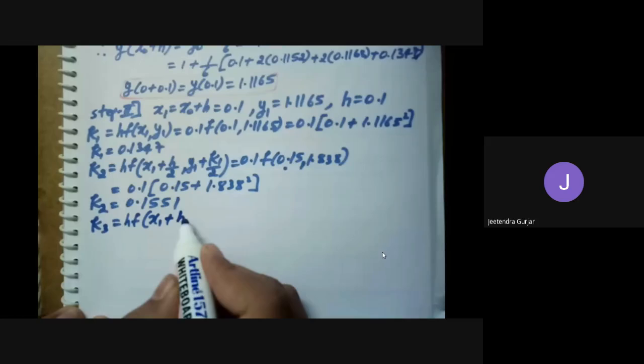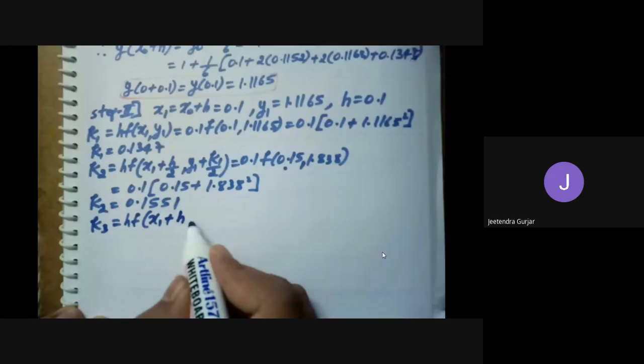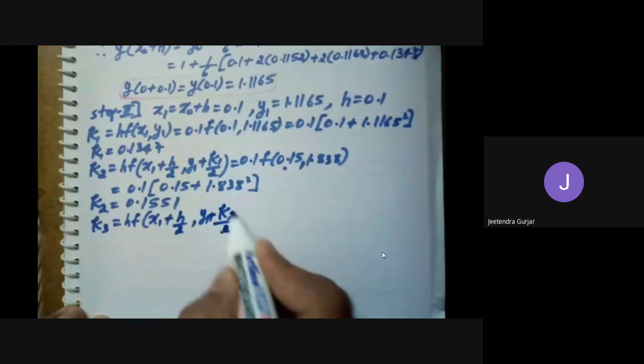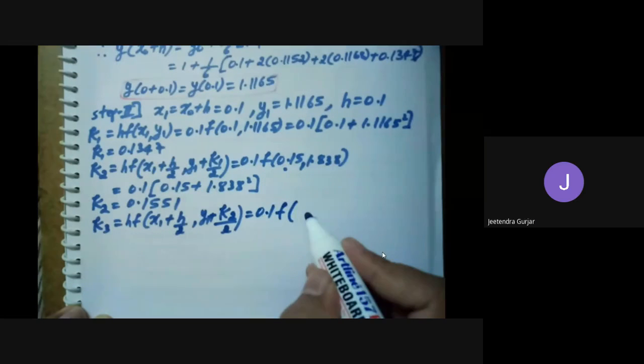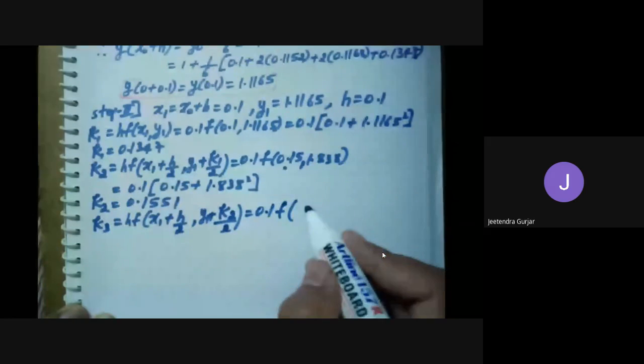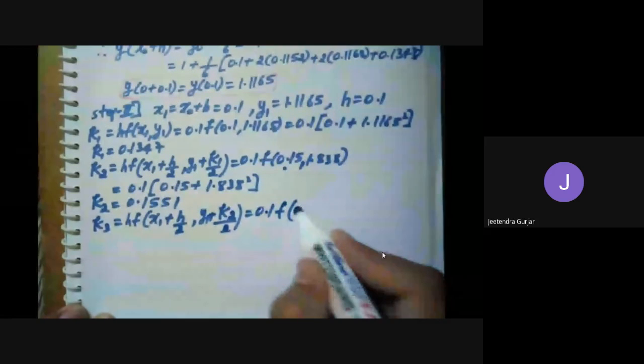H upon 2. X1 what we have here is 0.1 plus h is 0.1. When you substitute, we get here 0.15. Similarly, y1 what we have here, students, is 1.1165. K2 is 0.1551 divided by 2. So 1.1165 plus 0.1551 divided by 2, we get the value 1.194.